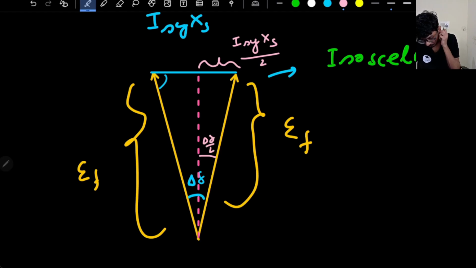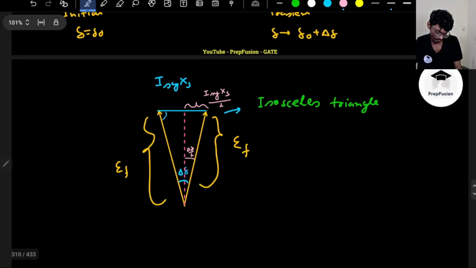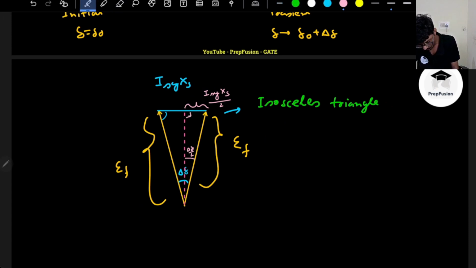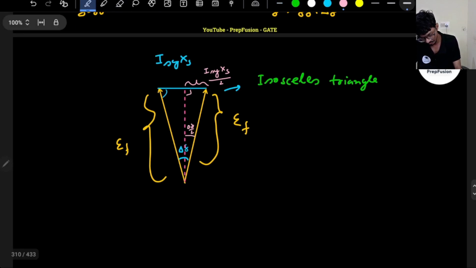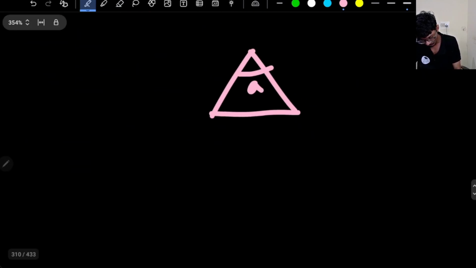So one property I can use is this one. If you remember, if I have a triangle here, any random triangle, say this is angle A, angle B, angle C, and this length is, let's say, LC.